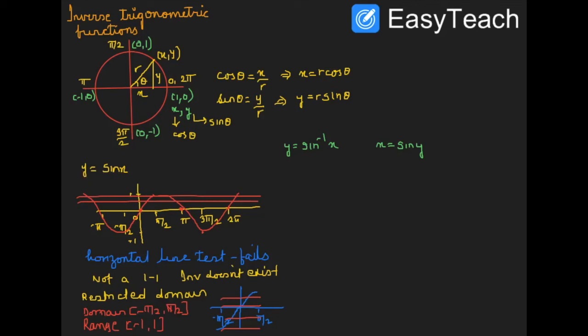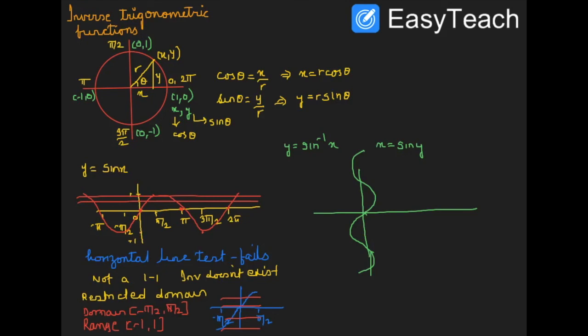So as far as the graph goes, the graph which was looking like this will now become like this on the y-axis, and it will move like this. You will see that whatever was x now becomes y, and whatever was y will now become x.